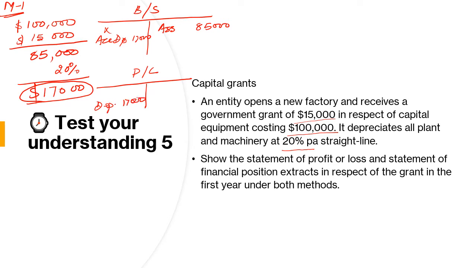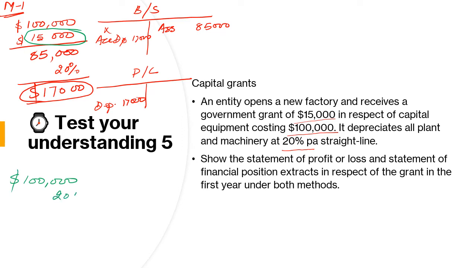Another treatment, as per the other treatment, we have to calculate the excess depreciation. So what is excess depreciation? If we will not deduct this amount, what will be the depreciation? Depreciation will be charged on $100,000 at the rate of 20%.